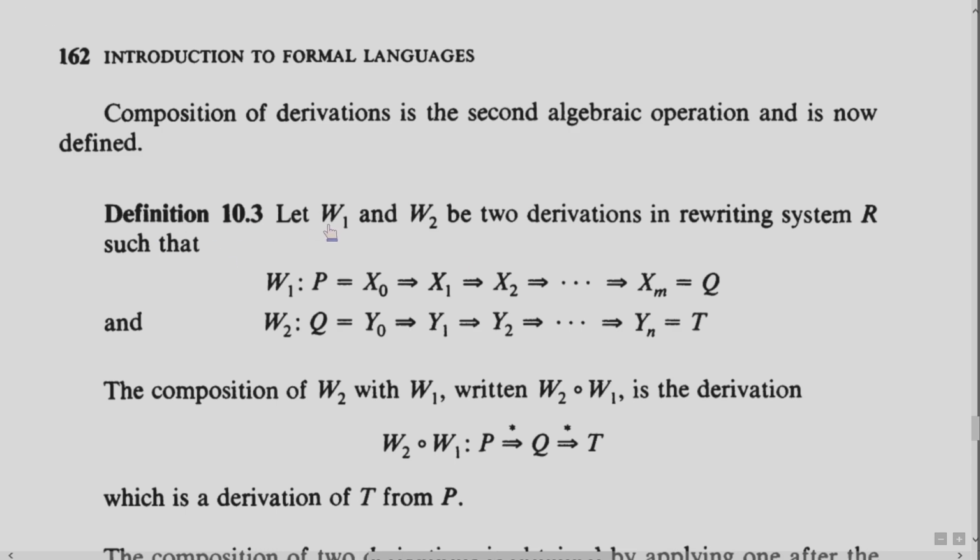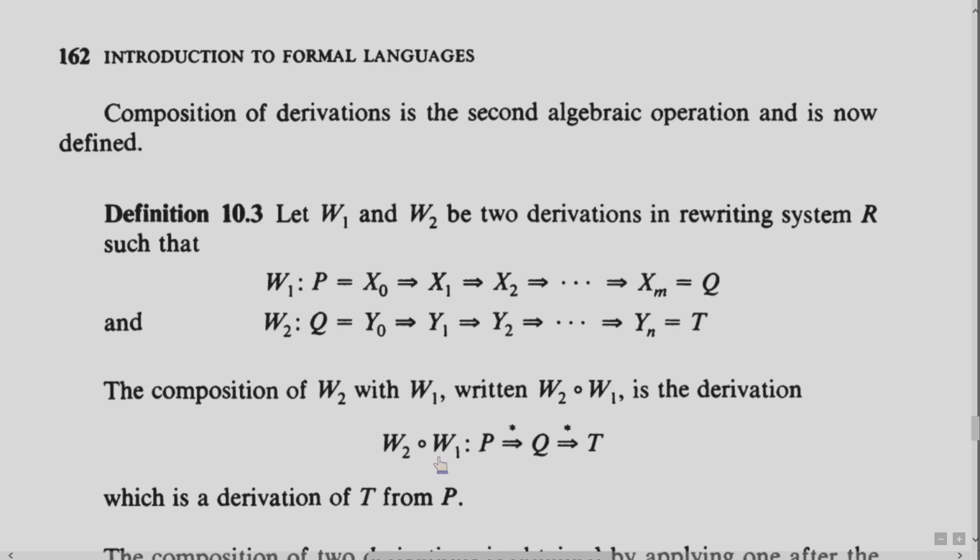So let us start studying the definition. Let W1 and W2 be two derivations in rewriting system R such that W1 and W2 are defined as this, starting from P and going through these steps and reaching Q, and similarly W2 starts from Q and reaches, after these steps, T, right?